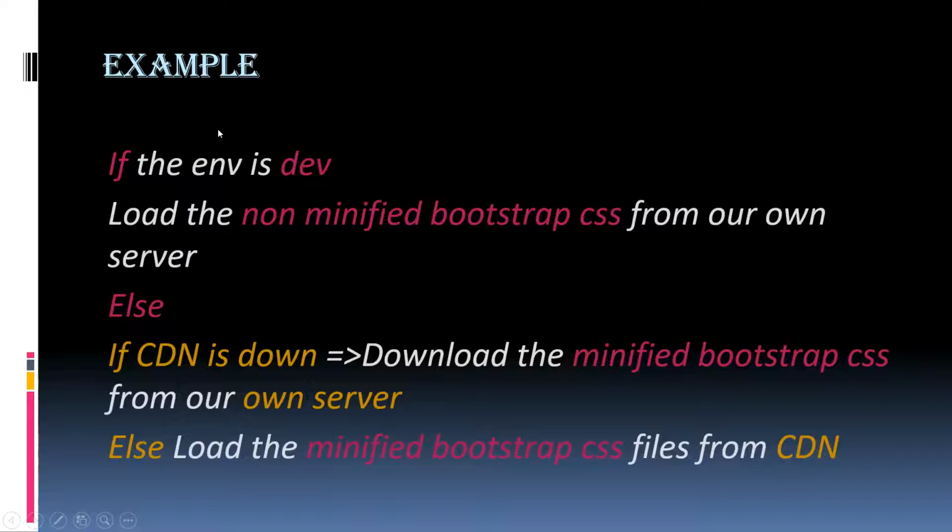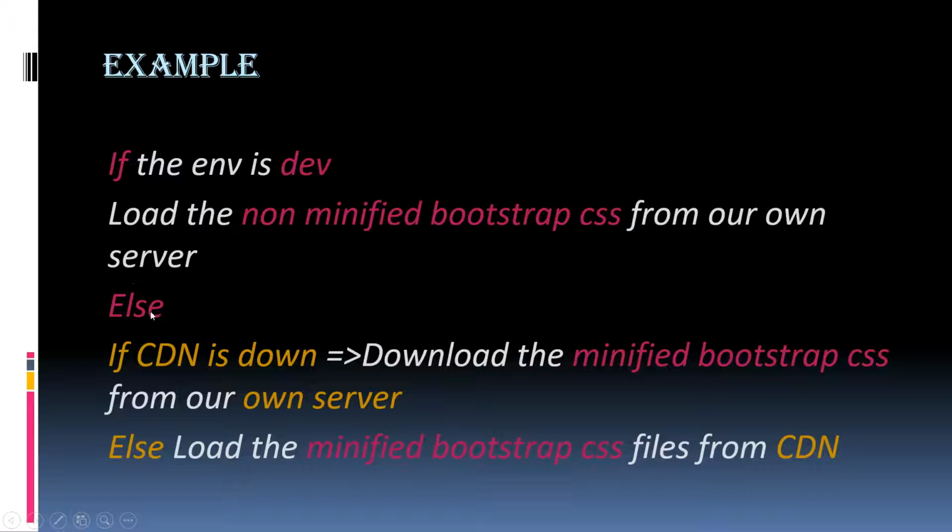As we know, the environment tag helper in ASP.NET Core supports rendering different content based on our application environment. So, if we set our application environment to dev, then we have to load the non-minified Bootstrap CSS from our own server itself.